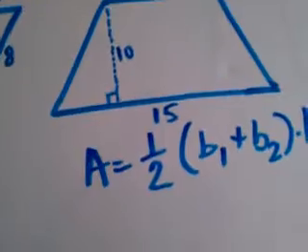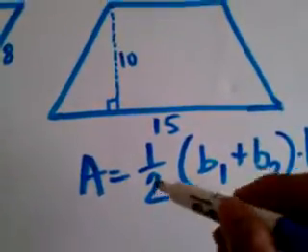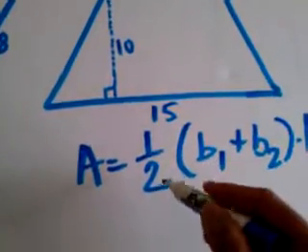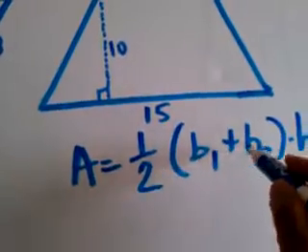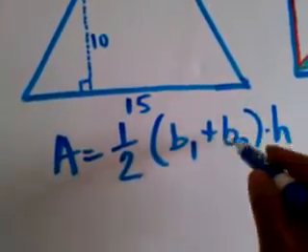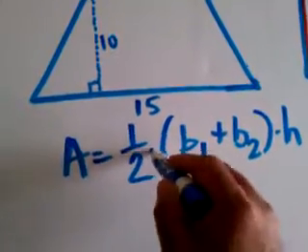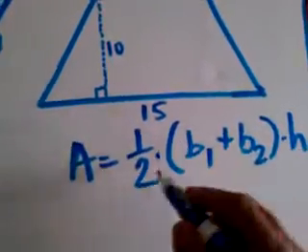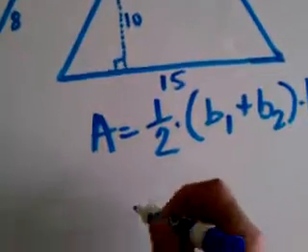I actually prefer to, and some of you students may get confused with this 1/2 part. We know that we can add the base 1 and the base 2 together, multiply the height, and then multiply everything times 1/2, or we can simply divide by 2. So let me show you what it looks like.